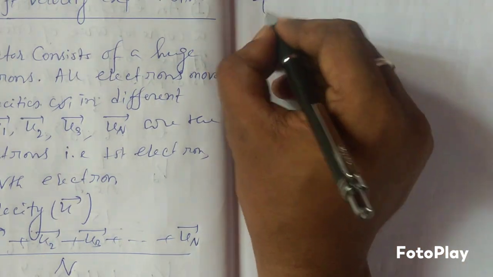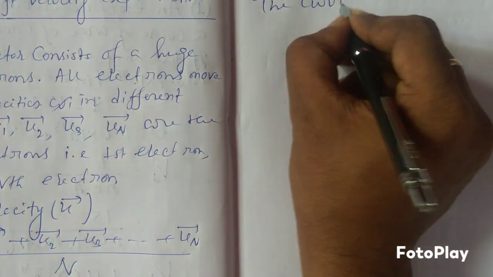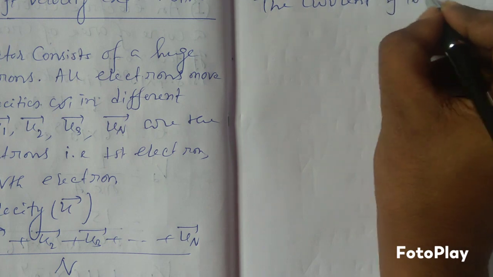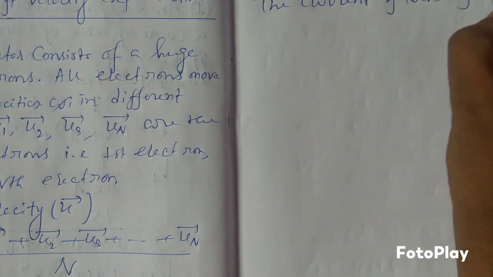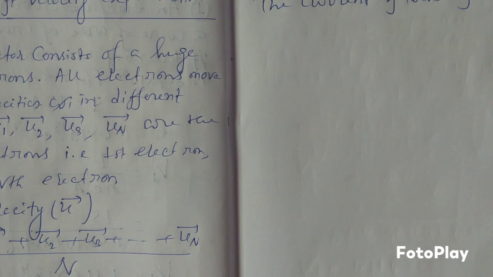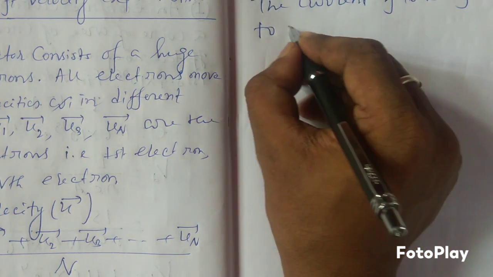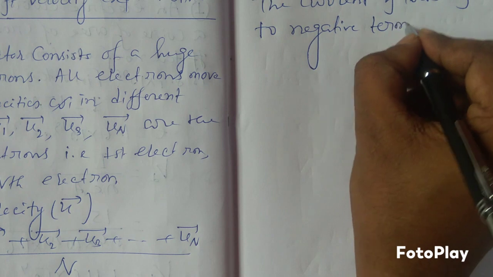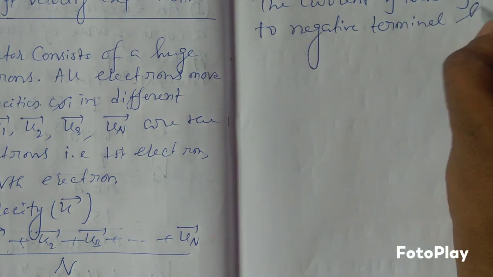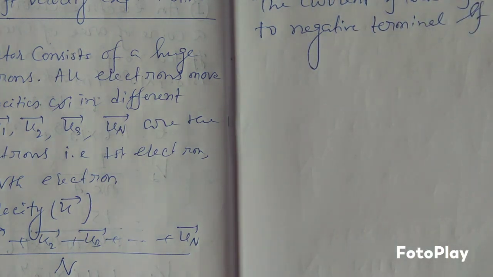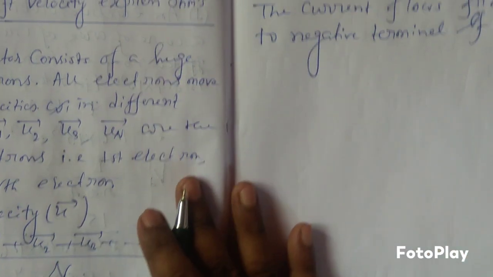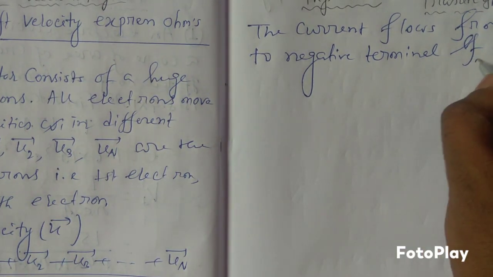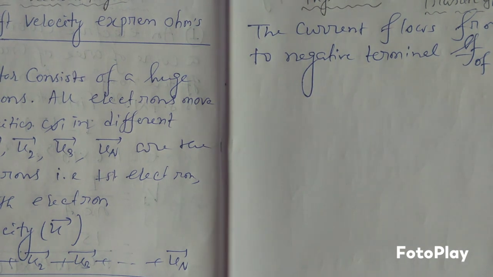The current flows from the positive terminal to the negative terminal of the source.